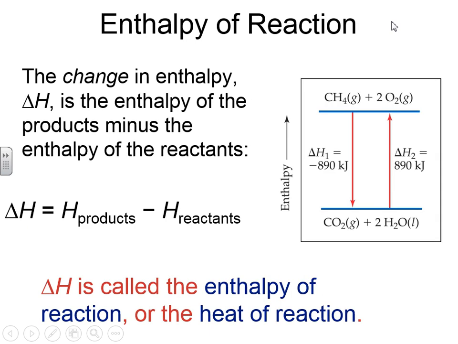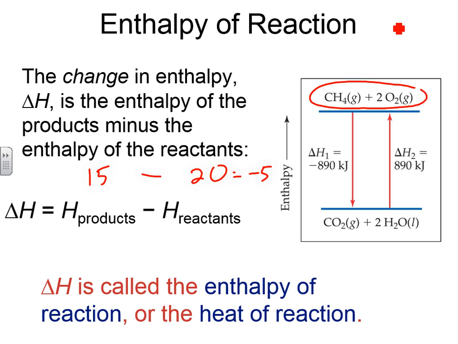Alright, here's an example. The enthalpy, or the heat change of a reaction, is defined as the products minus the reactants, just like with energy. So if you have 15 for the products and 20 for the reactants, you have 15 minus 20 and you get negative 5. Up here you have your reactants, CH4, a hydrocarbon, plus oxygen. This will be a combustion reaction that produces CO2 and H2O down here.